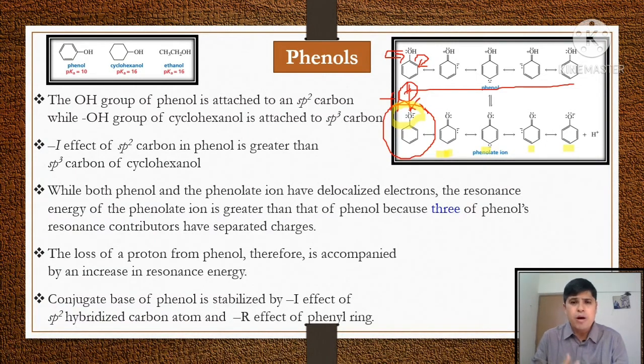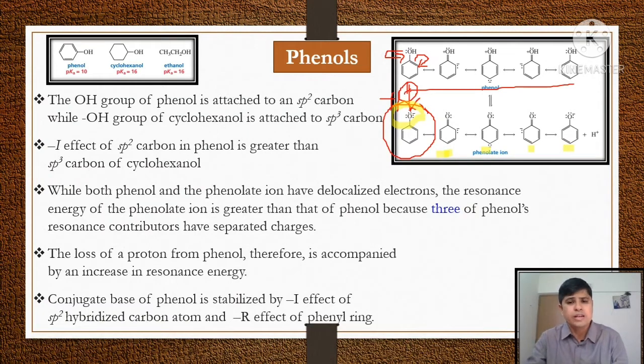Such type of stabilization of the conjugate base of alcohol is not possible. Such type of conjugate base stabilization of alcohol like cyclohexanol or ethyl alcohol is not possible, while stabilization of the conjugate base of phenol is possible.